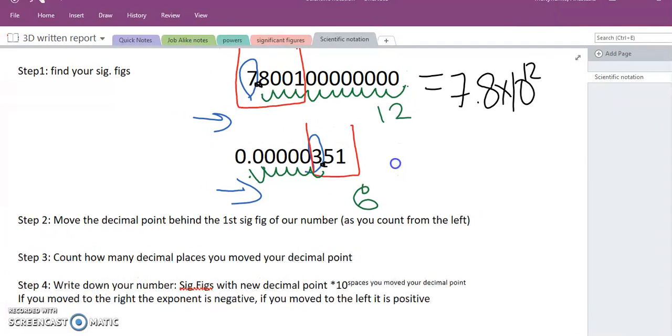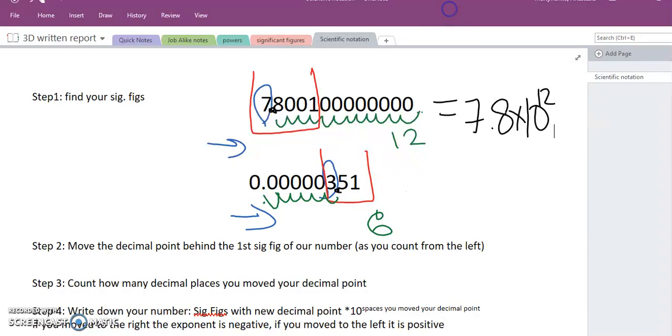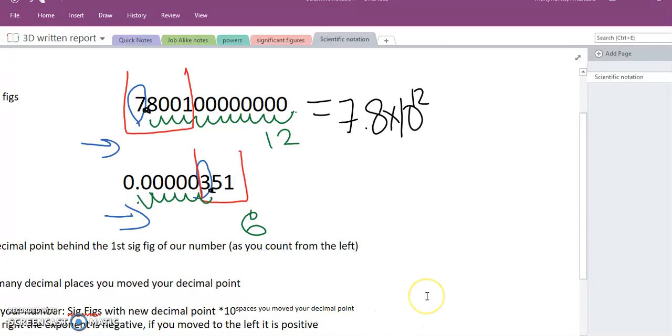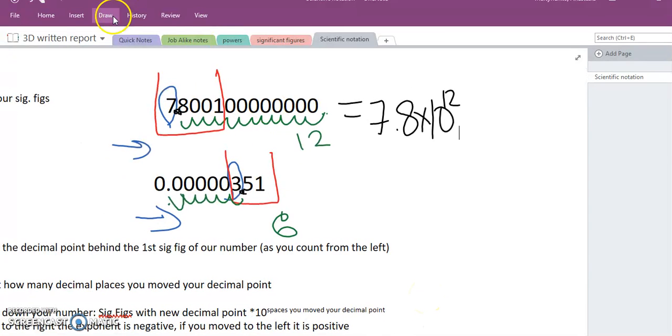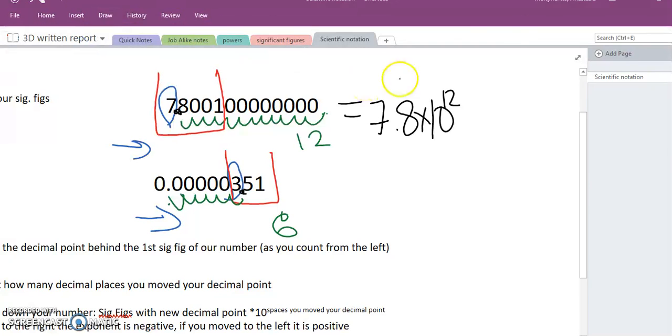Now, in case of this number, it's 3.51. Oh, I made a mistake over here.